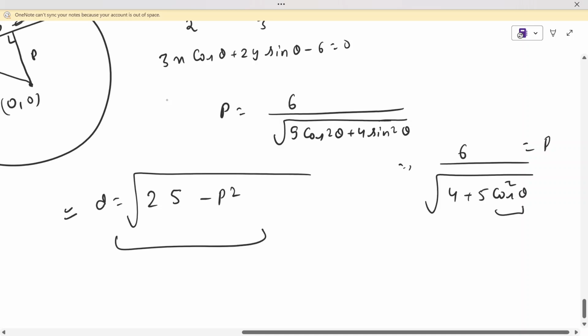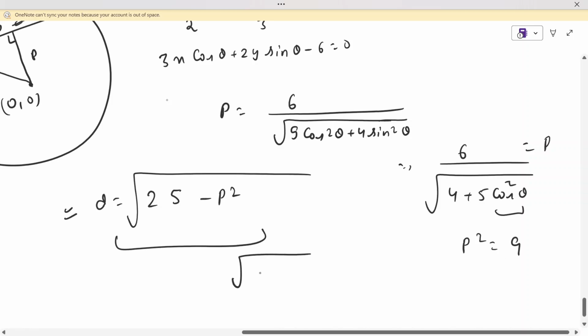So for sure theta should be 0, isn't it? For this, theta should be 0. Then p got maximized. So p square is 36 by 4, so p square should be 9.